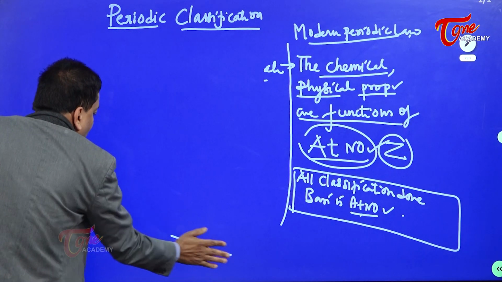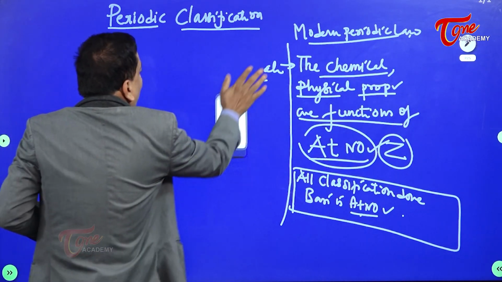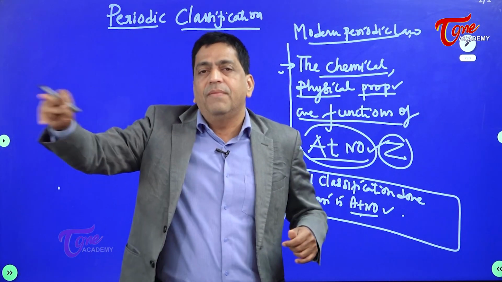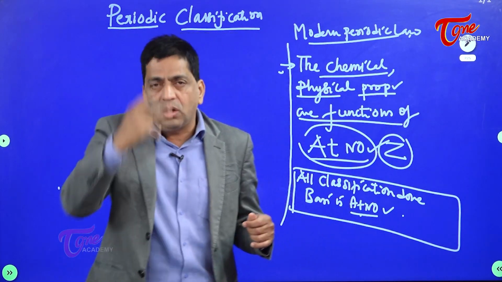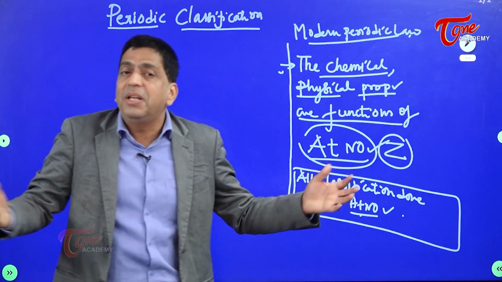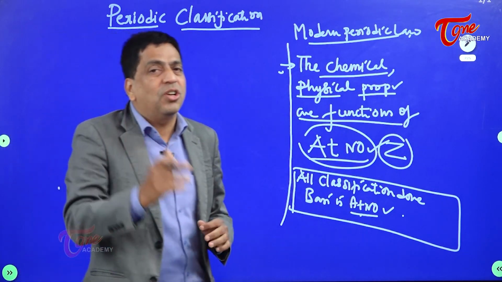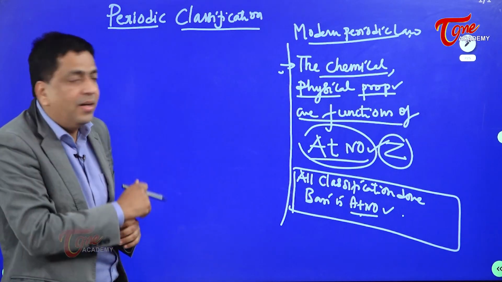So if I can give you an idea, it is like this. The classification is done on the basis of periods. That's why we call it a periodic classification. The horizontal lines are important, not the vertical lines, because each horizontal line is nothing but a period, right?